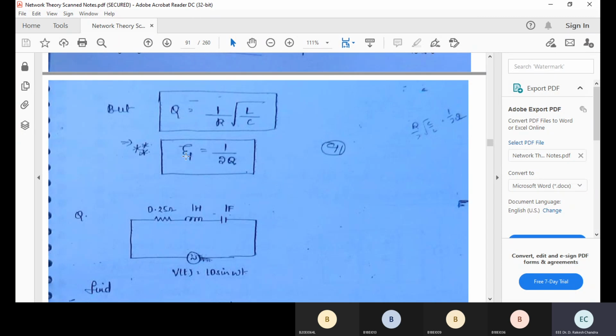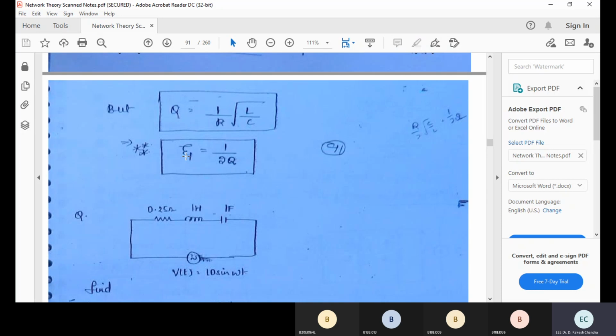The same thing. Take a series RLC circuit, apply Laplace transforms or differential equations, and you can obtain the second order differential equation. You will get the characteristic equation s square plus 2 zeta omega n s plus omega n square is equal to 0, the characteristic equation of the second order series RLC circuit. From that you can obtain the expression for zeta, the damping ratio. I do not want to say much about the damping ratio.